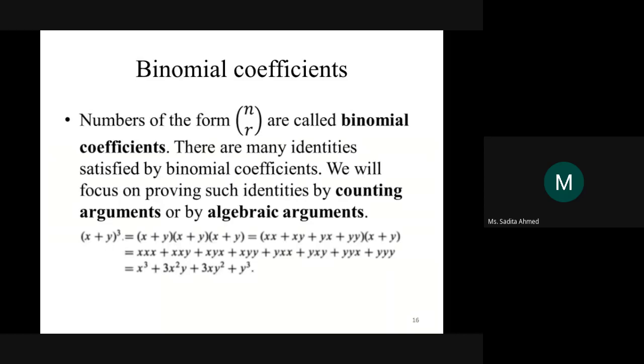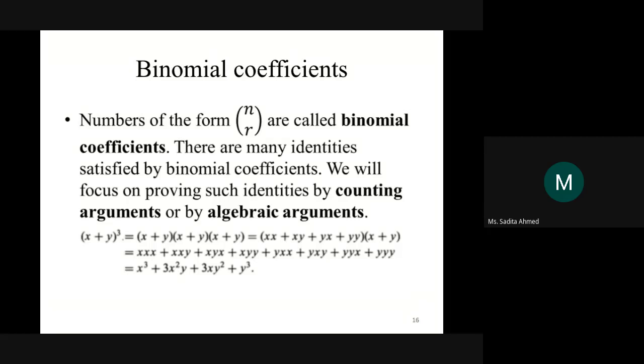However, we'll mostly focus on proving identities or solving problems using counting arguments and doing algebraic manipulations. However, you could also prove identities using the binomial theorem, but we'll mostly focus on how to prove identities using counting arguments and algebraic derivation.